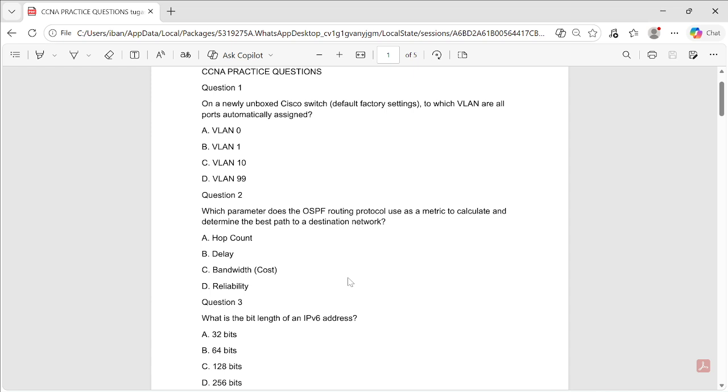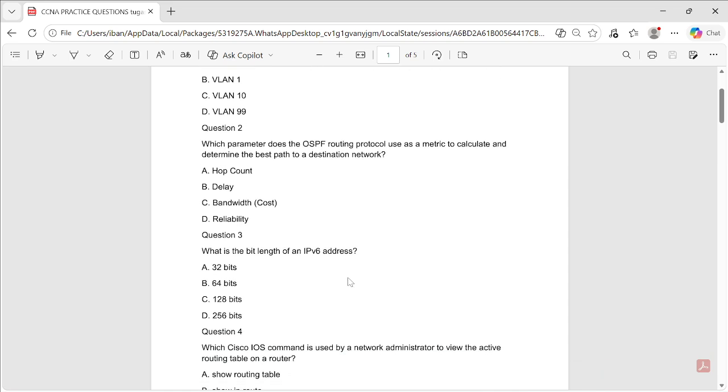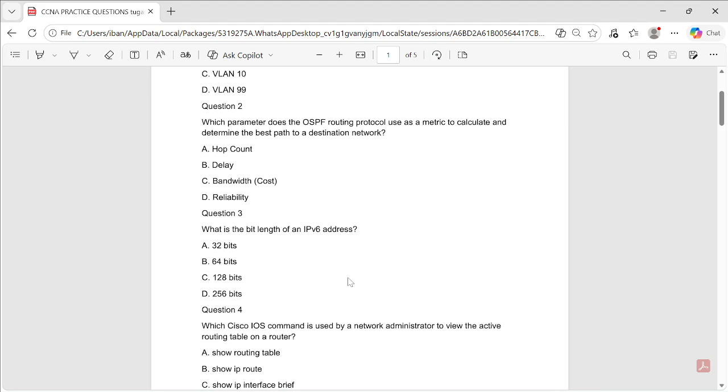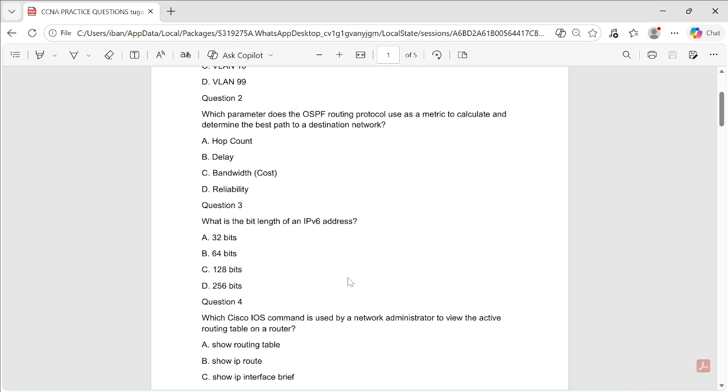The correct answer is C, bandwidth cost. The explanation is that OSPF uses cost as its metric, calculated from the bandwidth of the interface. So the correct answer for number two is bandwidth cost.